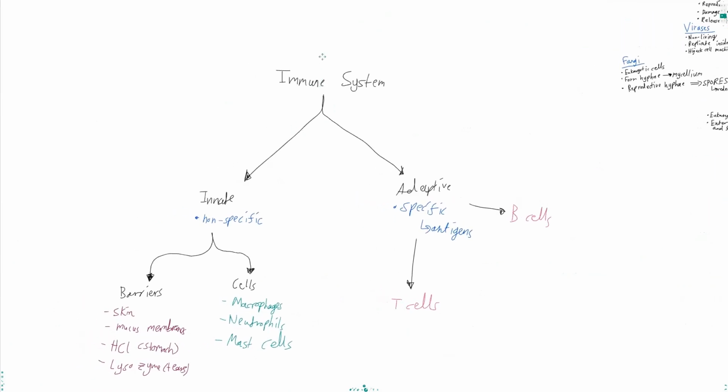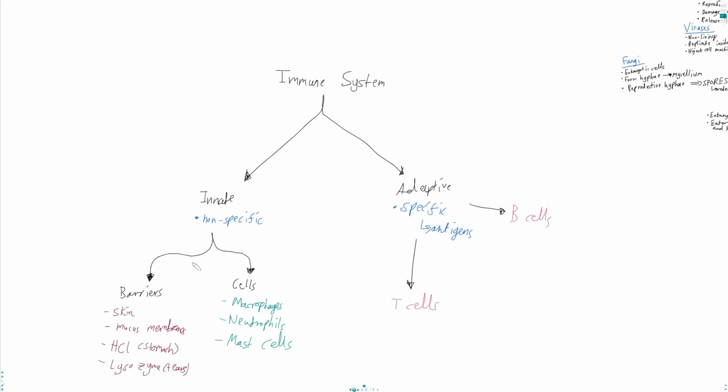So the human immune system can be divided into both the innate and the adaptive immune system. The innate is non-specific, and it consists of physical and chemical barriers and cells within the innate immune system. Barriers include skin, mucous membranes, hydrochloric acid in the stomach, and lysozyme, which is an enzyme found in sweat and tears.